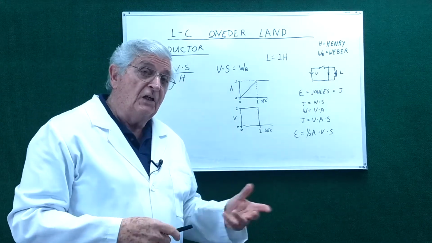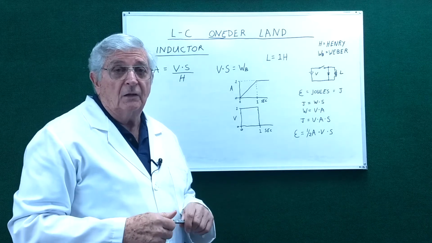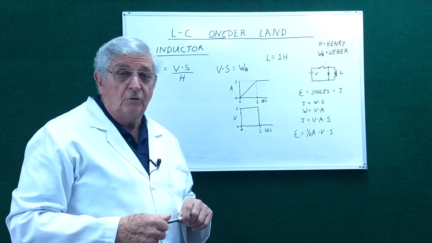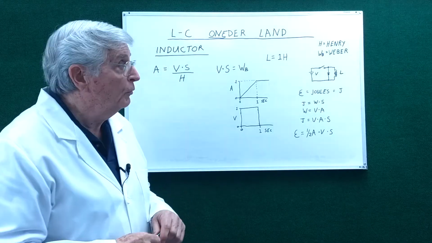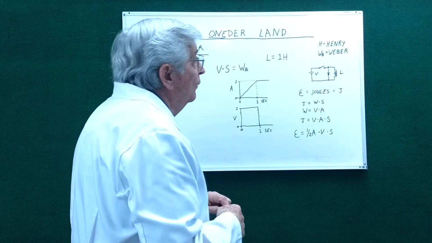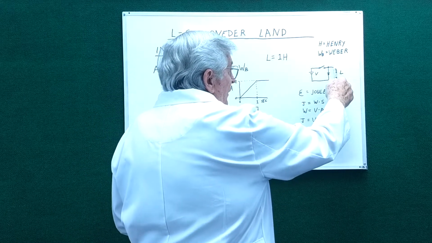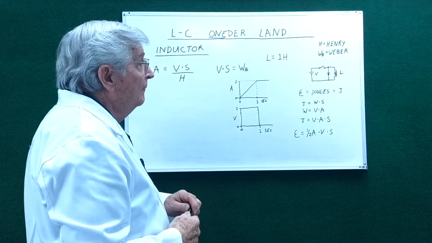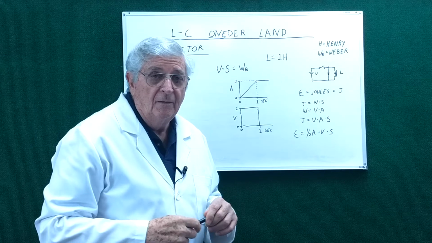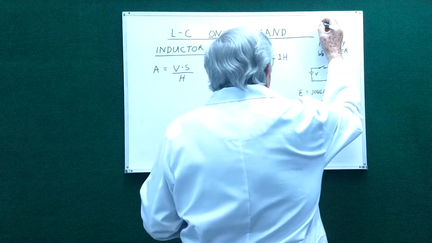And in the first video, I show you how to map the flux going through a coil of wire with current passing through it. So the Weber is the amount of flux generated by an inductor. Now there's another term that I'm not going to get into. It's called the Tesla.